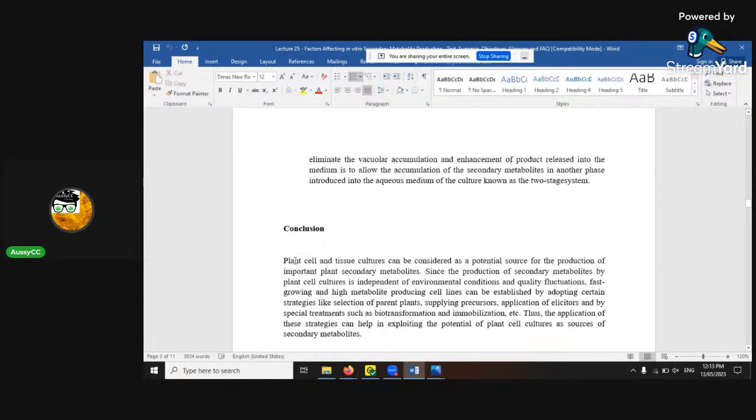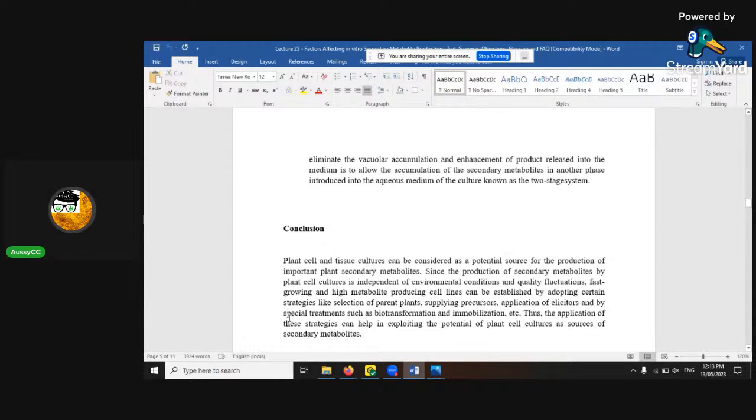So this is a cool conclusion, that plant cells can be considered as the potential source for production of important plant secondary metabolites. Since the production of secondary metabolites by plant cells is dependent on environmental conditions and quality fluctuations, fast-growing and high metabolite producing cell lines can be established by adopting certain strategies like selection of parent plants, supplying precursors, application of elicitors, and by special treatments such as biotransformations and immobilizations.